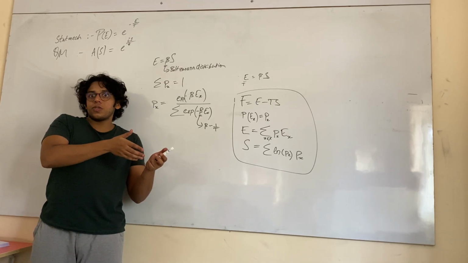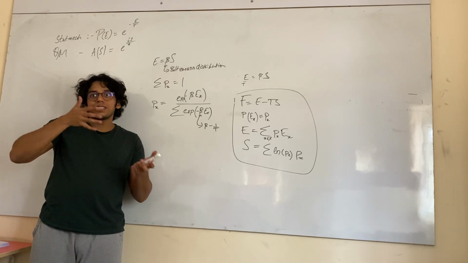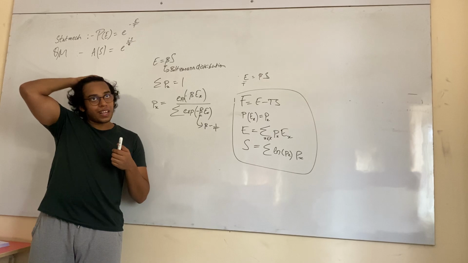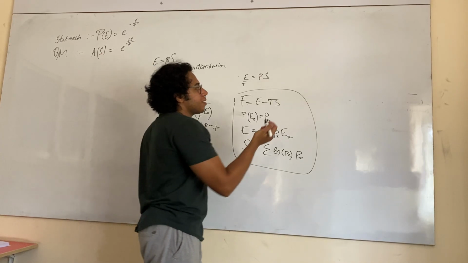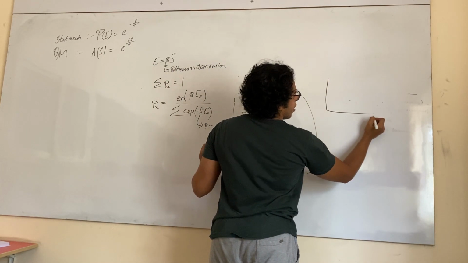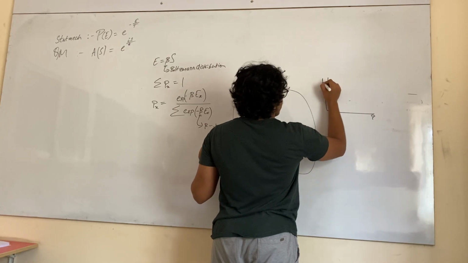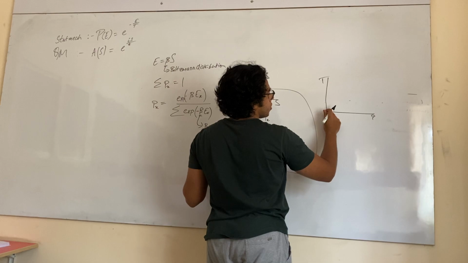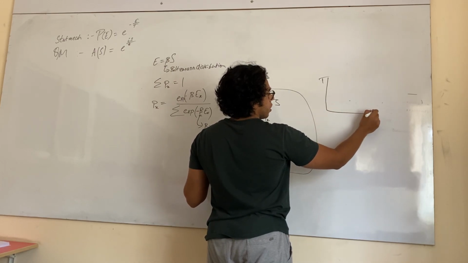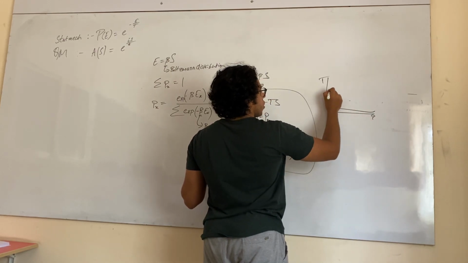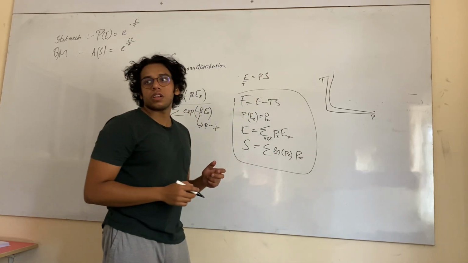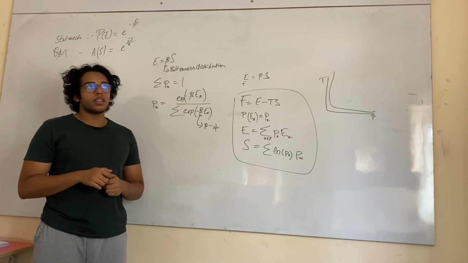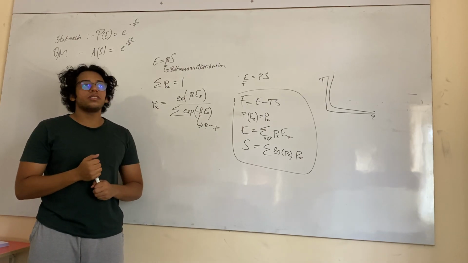Then you have some sort of correspondence, and the graph goes something like this: at T equal to 0, beta is infinite.